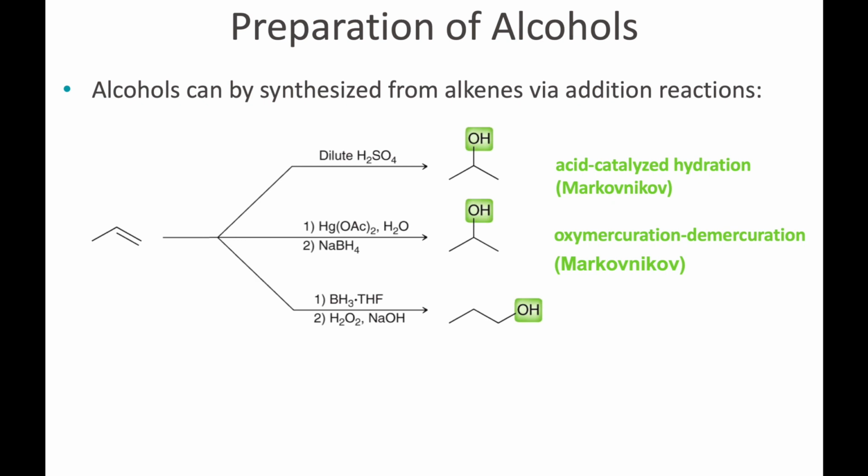Now, if you want the anti-Markovnikov product, what would you do? The last reaction here, the hydroboration oxidation, again, a two-step reaction that will give you the anti-Markovnikov product, where the hydroxyl group will be added on the less substituted carbon. Again, all of these should be review for you from the alkene chapter.